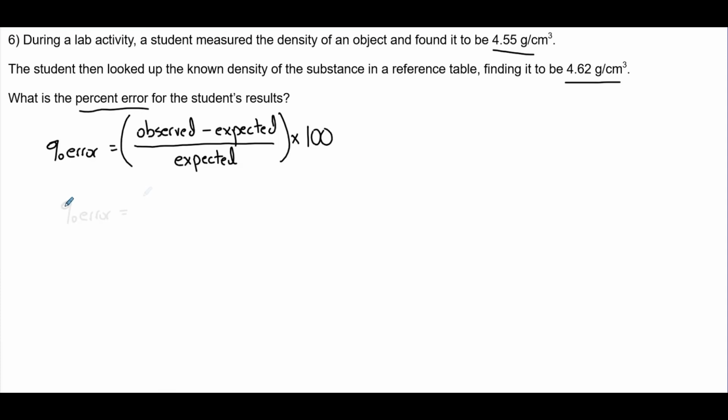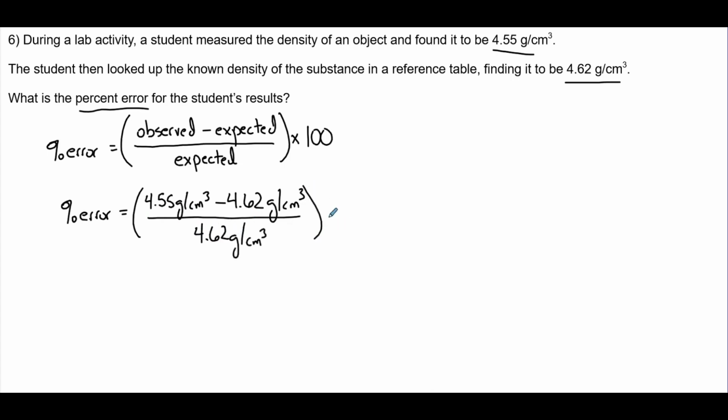So let's just plug in some numbers. So the observed value is what the student saw, that it was 4.55. And then the expected was 4.62. And so we're going to divide that by the expected value. And I'll close that parentheses and multiply by 100.